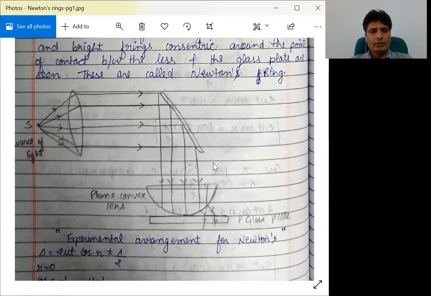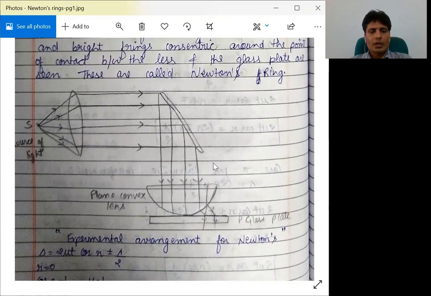The thickness of this film is very small or nearly zero at the contact point and gradually increases from contact point towards outwards. So when a monochromatic light falls on the film, we get dark and bright concentric circular fringes having uniform thickness. These rings were first investigated by Newton and therefore are called Newton's rings.